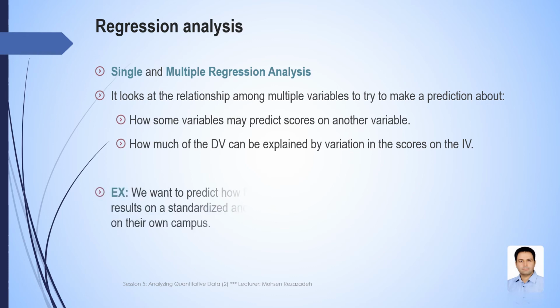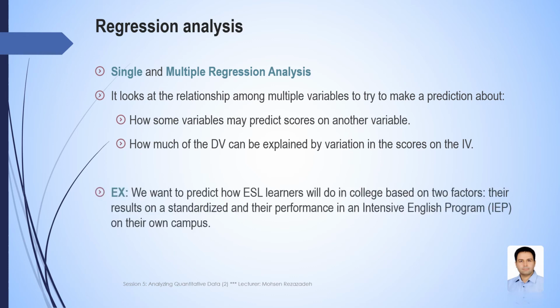For example, we want to predict how ESL learners will do in college based on two factors: their results on a standardized test, for example, on TOEFL or on IELTS, and their performance in an intensive English program, IEP, on their own campus.